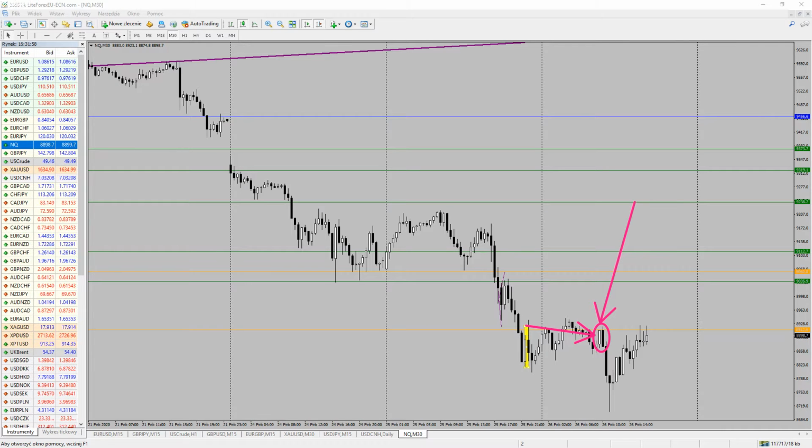Because if we are going to break that one to the upside, right, we might retest one of these 2 lines, either this one or that one from the daily chart, right? So that's going to be very interesting. Well, I'm not going to chase the short side here. I'm going to wait patiently.